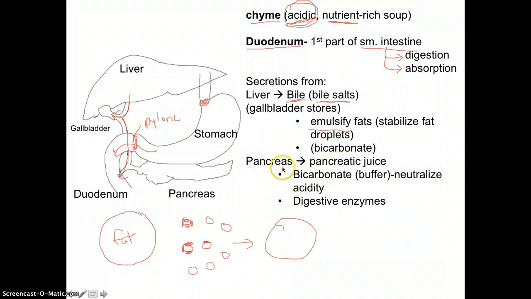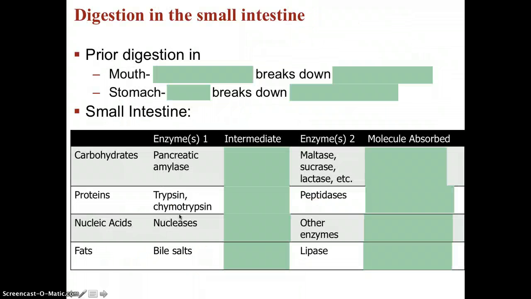So the other thing in the pancreas, you have a lot of digestive enzymes coming in, and we'll give some specific names, but they're digesting carbohydrates, proteins, nucleic acids, and fats. And additionally, besides all the enzymes coming in here, there are some enzymes that are actually secreted from the walls of the small intestine.